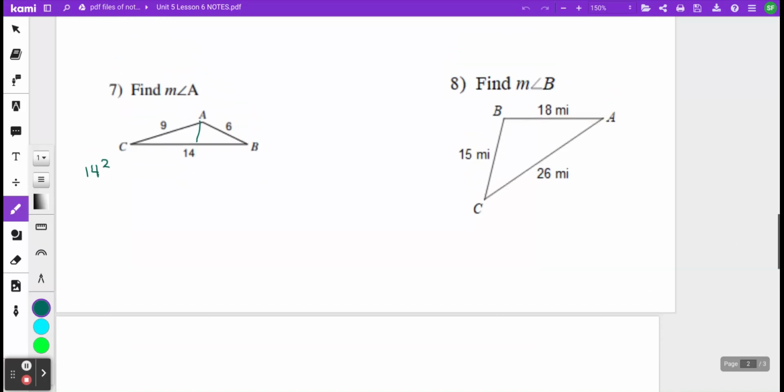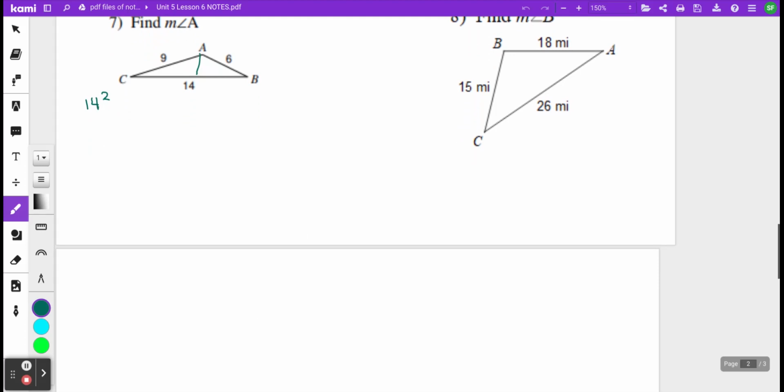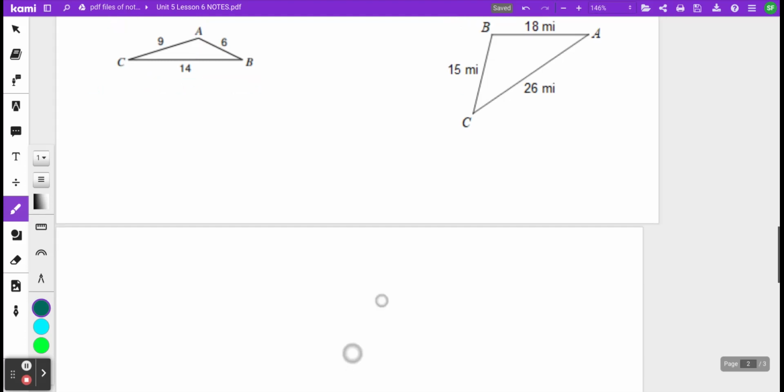So 14 squared equals your one side next to it plus your second side minus 2, and then multiply your 2 sides. That's 9 times 6, and then cosine A.